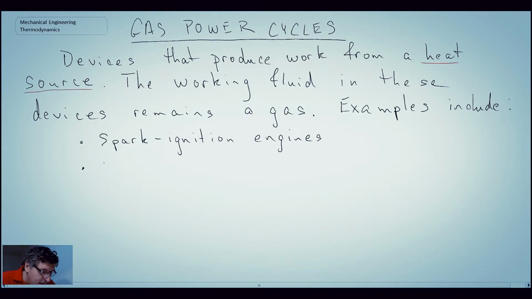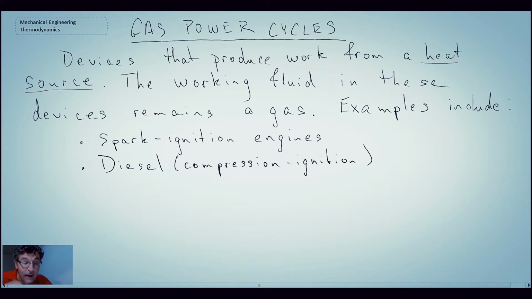We have diesel engines, which by comparison to spark ignition are compression ignition engines. Here our pressure ratio is going to be higher, and you compress the charge, the fuel air mixture, to a high enough pressure, and there's also a glow plug in these engines, which initiates the combustion process.